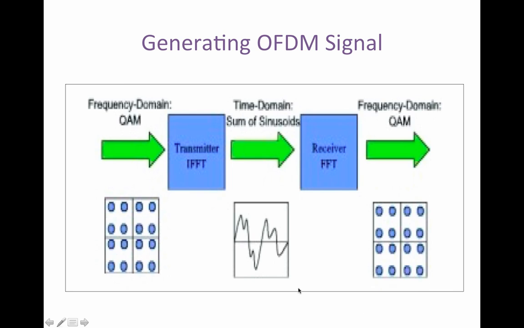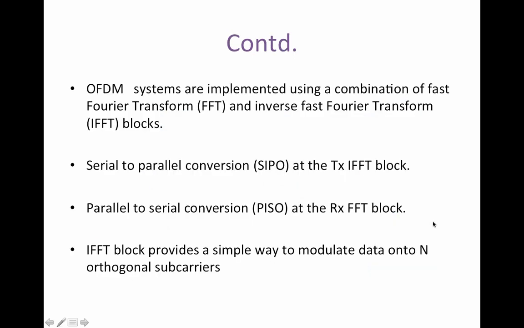This presentation slide shows the generation of the OFDM signal. As I said, the IFFT is the most important block. At the transmitter side, it converts the signal from the frequency domain to the time domain by adding a number of sinusoids over multiple frequencies. And at the receiver side, the FFT converts the time domain into the frequency domain by multiplying it over a range of frequencies.